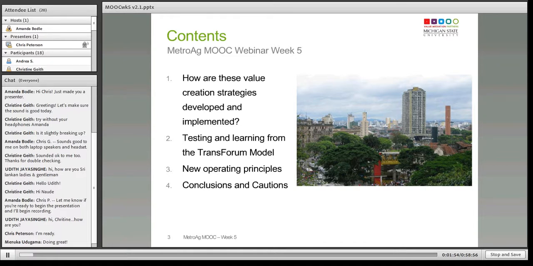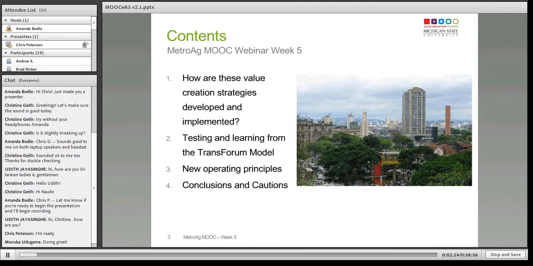And it was that testing and learning that hopefully gives me some credibility today to articulate what we think are the new operating principles that are necessary if you're going to do this kind of project. And then I will wrap up with some conclusions and cautions about using the Transforum model and its principles.